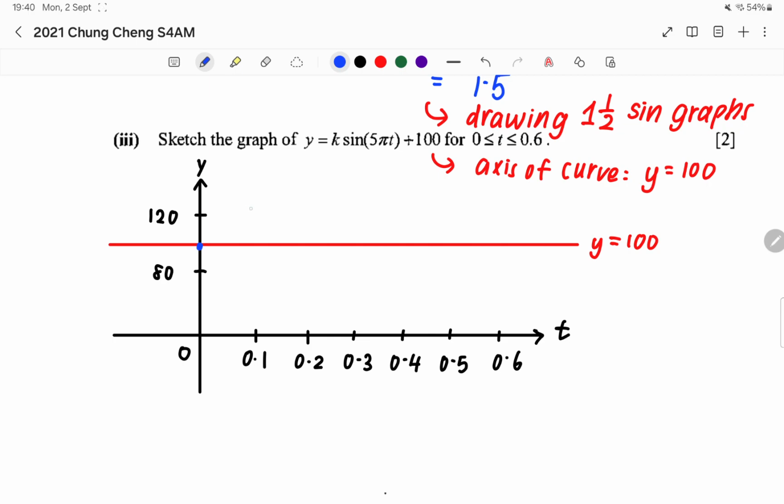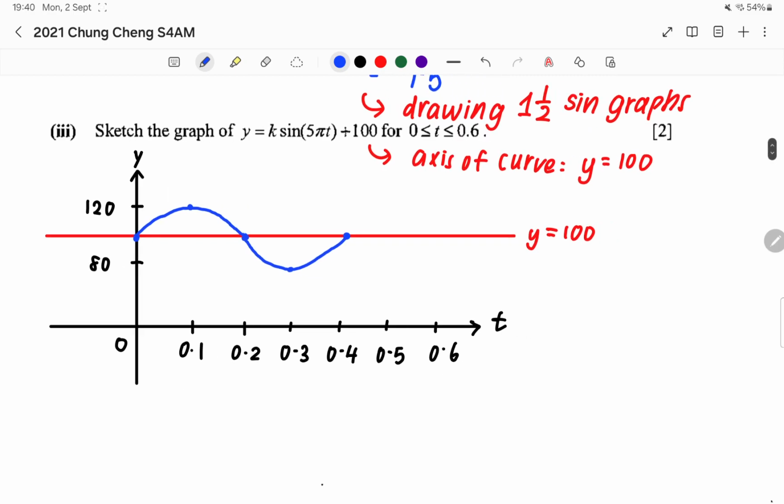And they said that the length of one cycle is 0.4, so it's a period. So one period is up to 0.4, so it should look like this. I will join up the points very carefully. It's easier to do this on paper, so just try to draw this nicely.